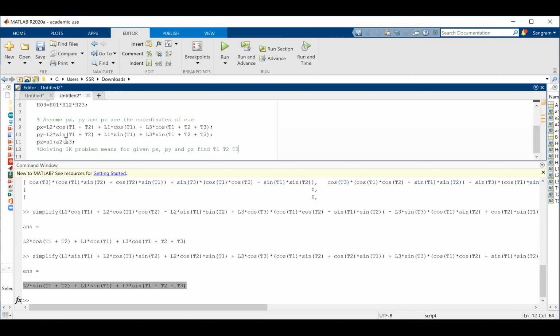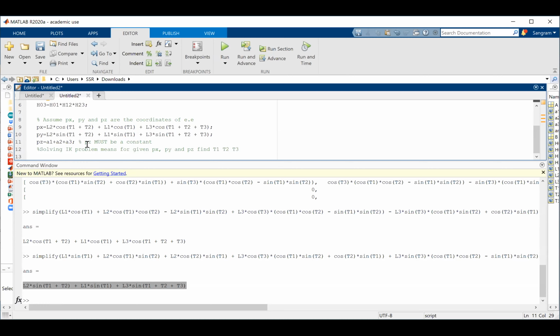Now, one thing I want you to note, which is important here, that A1, A2, A3 is constant. So Pz must be constant. Because what it means is A1 cannot be changed, A2 cannot be changed.